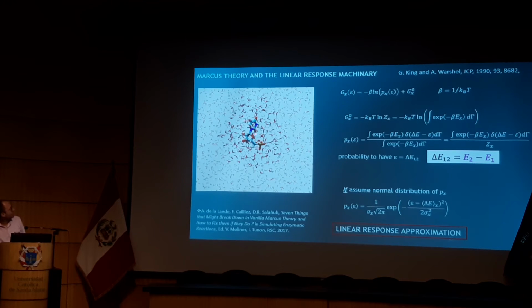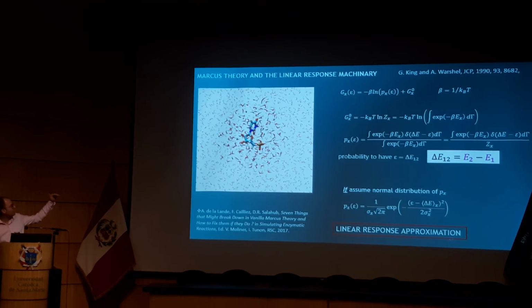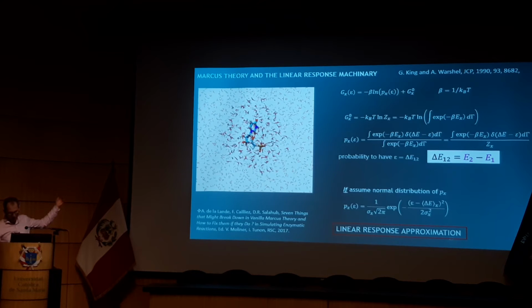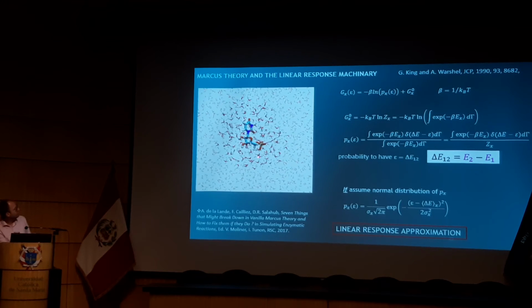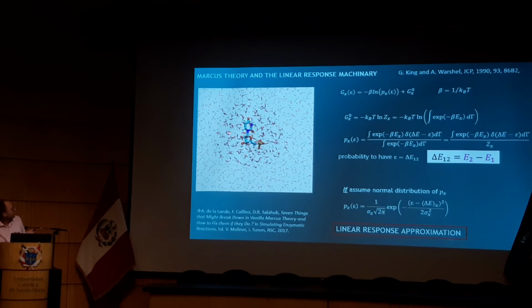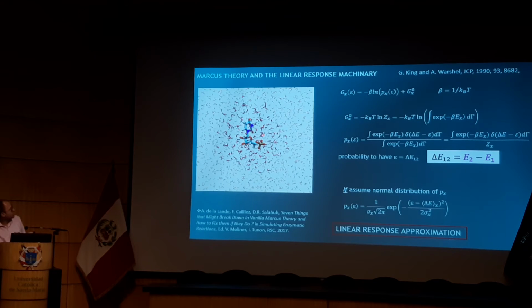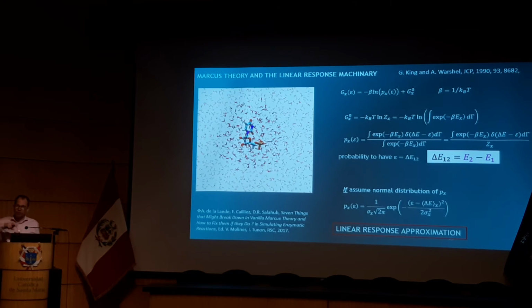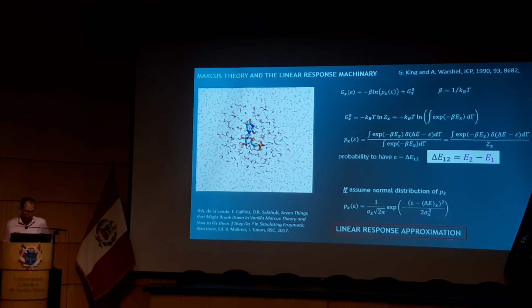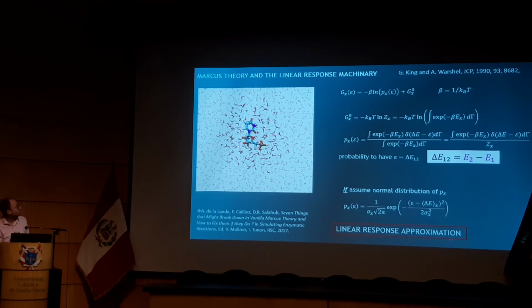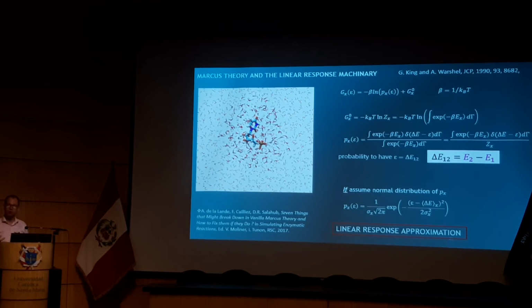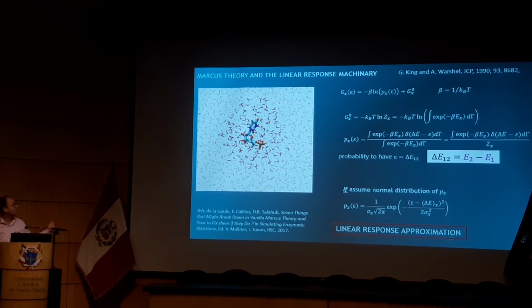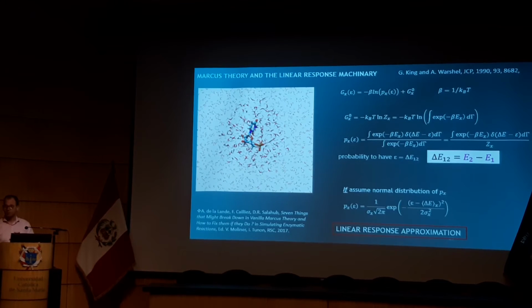I don't know if you see well, but at the beginning we are in this state, and then I just removed an electron, and if you look at the water, the big water here, which are the closest ones, you will see that they really rearrange to the new charge distribution. So to get a complete picture, we really need to take into account all the conformations of the water molecules and of the molecule before and after the transfer.